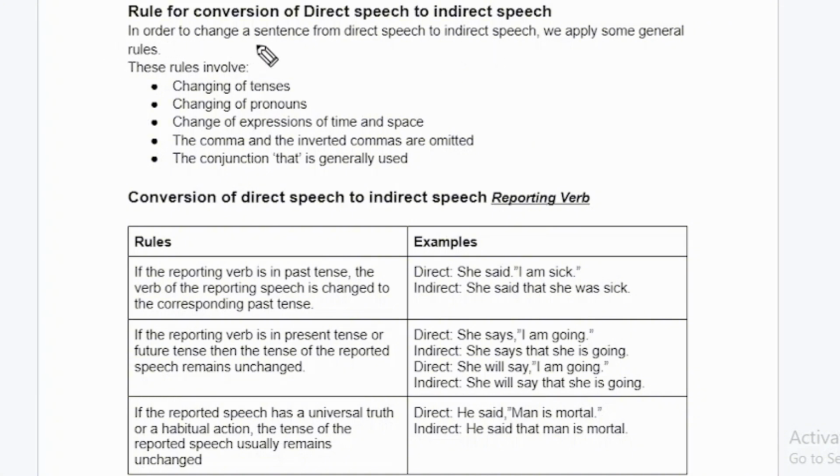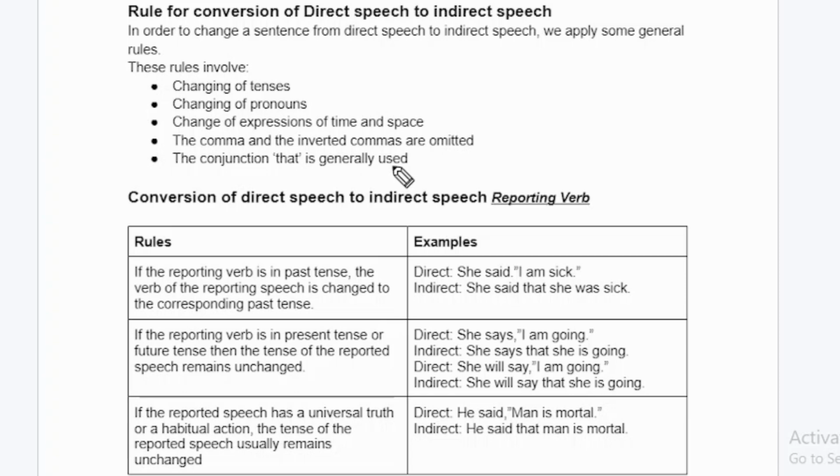In order to change sentences from direct speech to indirect speech, we apply some general rules. These rules involve changing of tenses, changing of pronouns, and change of expressions of time and place. The comma and the inverted commas are omitted. The conjunction "that" is generally used.